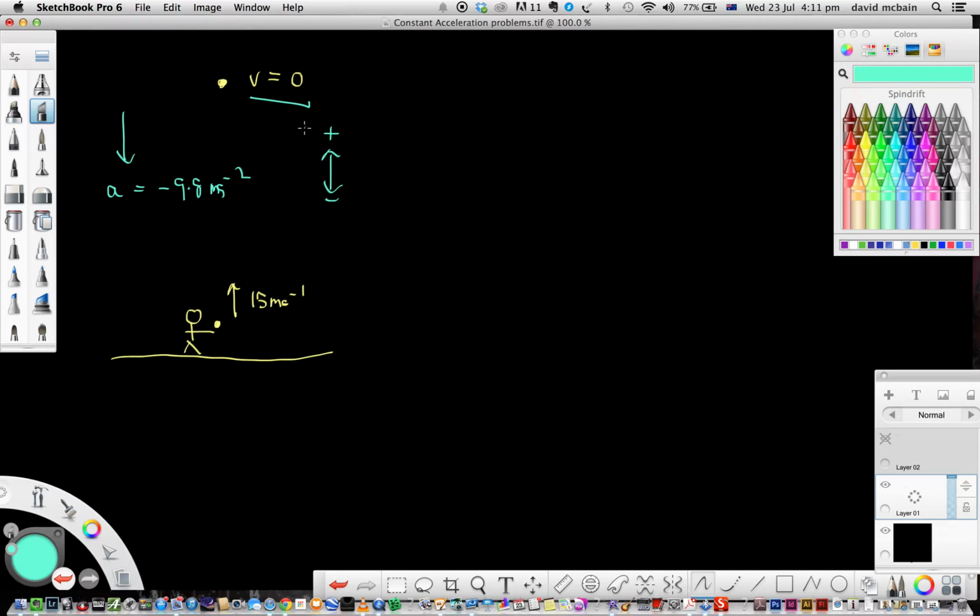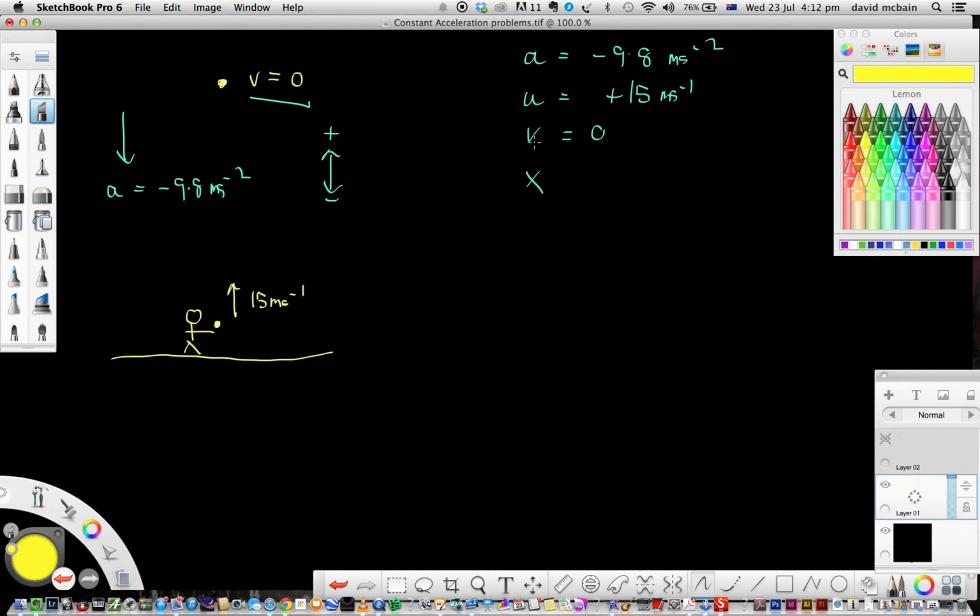So we wish to work out h max. So we want to work out the height, which is x. So we know a equals negative 9.8 meters per second squared. We know that u equals positive 15 meters per second. And we know that v equals 0. We're trying to find x. So here we can use the same formula we did in the previous problem.